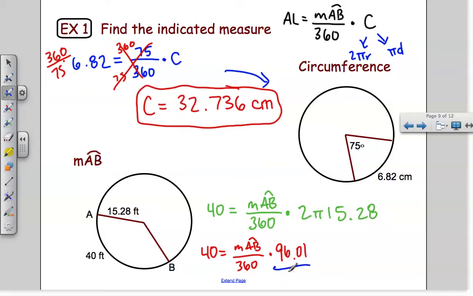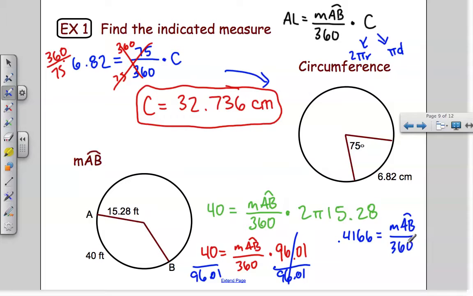And then maybe my next step would be try to get the fraction alone. So this is being multiplied by 96.01. I'm going to divide by that answer that I had in my calculator. So 40 I'm going to divide by my answer. And I get 0.4. I'm going to go a lot of decimal places here to be accurate. 4166. Now that equals the measure of arc AB still over 360, right?